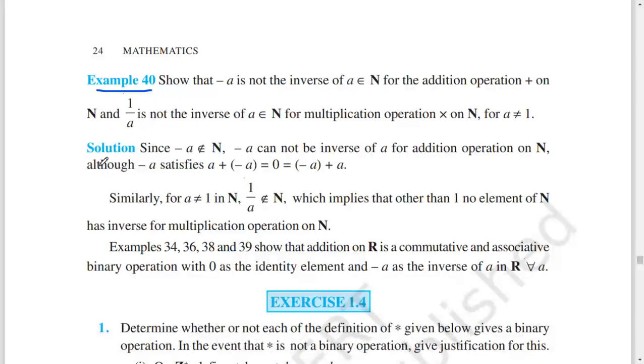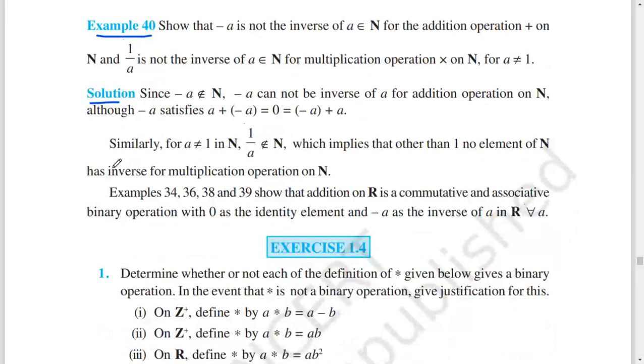Solution: since −a does not belong to N, −a cannot be the inverse of a for the addition operation on N, although −a satisfies a + (−a) = 0 = (−a) + a. Similarly, for a not equal to 1 in N, 1/a does not belong to N, which implies that other than 1, no element of N has an inverse for the multiplication operation on N.